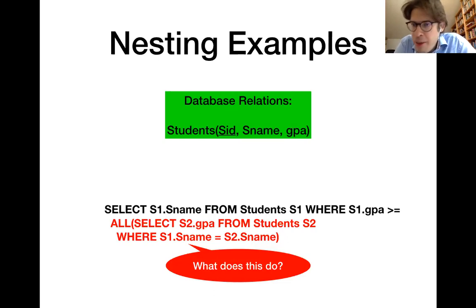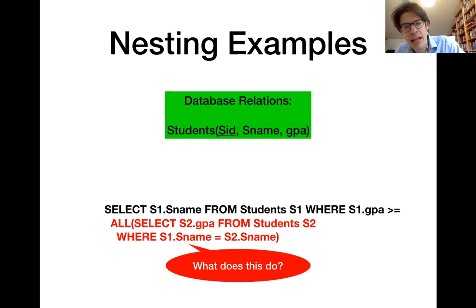So here within the subquery, we are referencing table alias S2 and table alias S1. Now, table alias S2 is not particularly exciting because that is defined within the same subquery. Table alias S1, on the other hand, is actually not defined within the subquery, but it is defined outside. It is defined in the outer query.